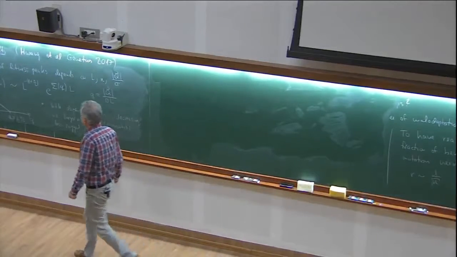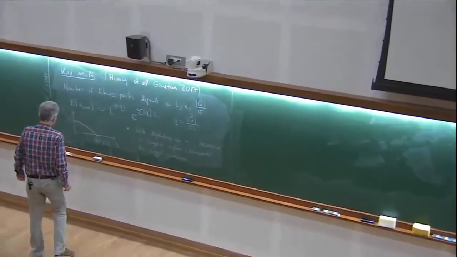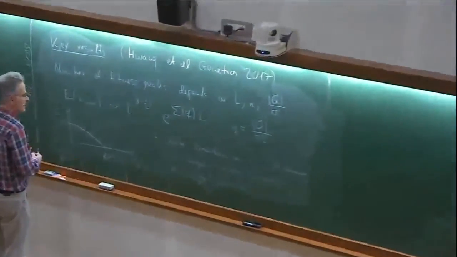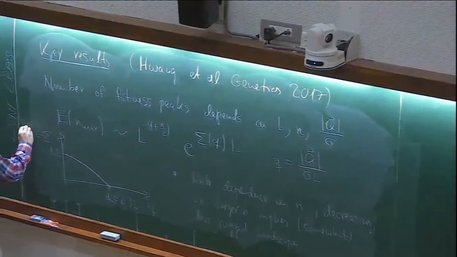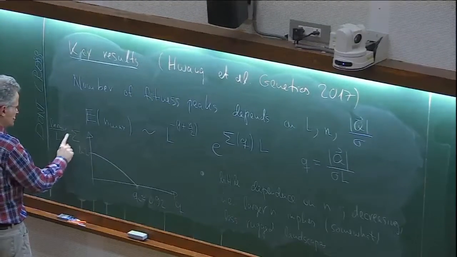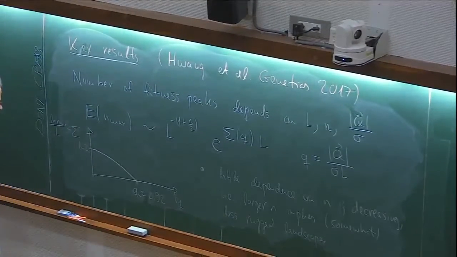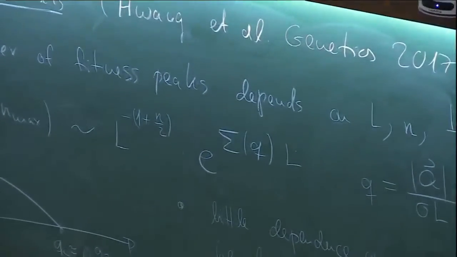So the typical value actually behaves differently. So if I plot, the sigma is essentially the log of the number of maxima divided by L, right? This is more or less what it is, of the average number of maxima.